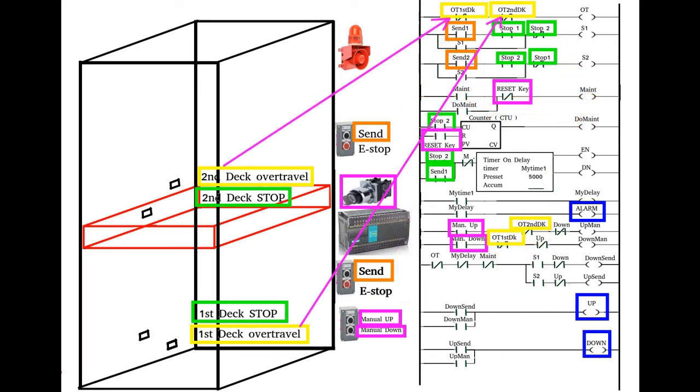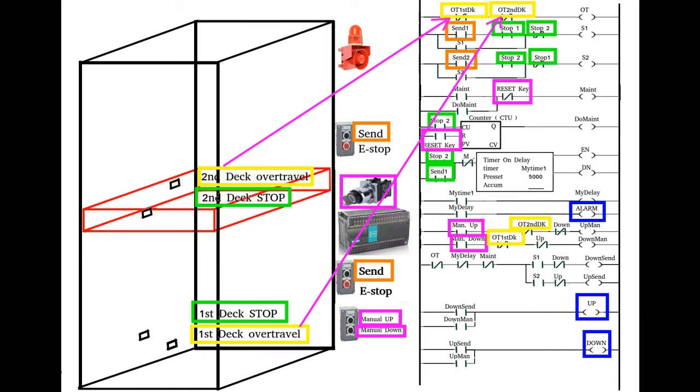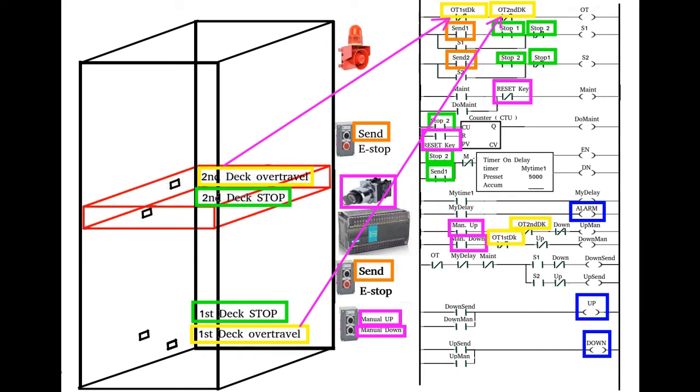Notice that the over travel switches, if flagged, they will open, de-energizing OT contactor or coil. Oh, I made a mistake. This OT contact needs to be normally open. There, it is fixed. Clearly, OT needs to be energized for its associated normally open contact to be closed.